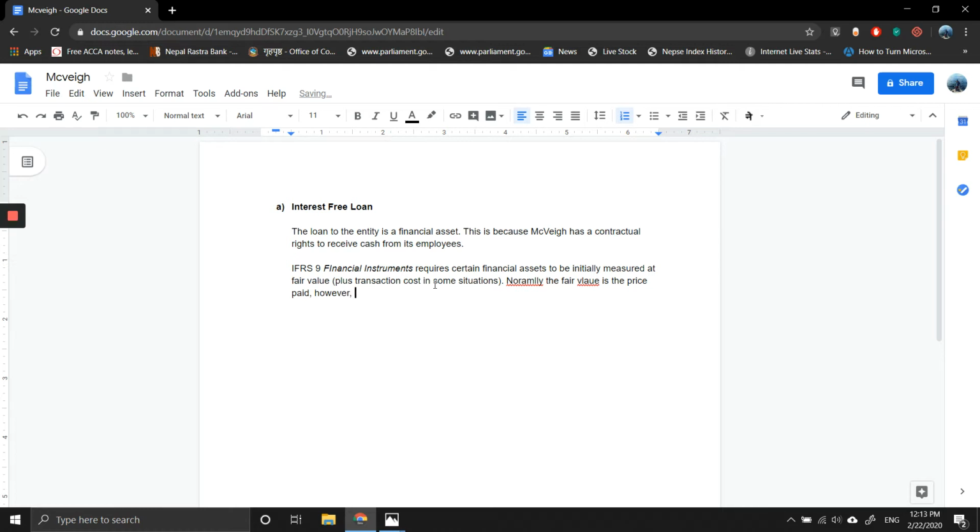However, an interest-free loan is not taking place on the same terms as it would exist between market participants.